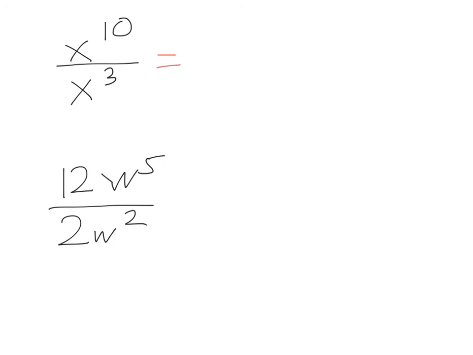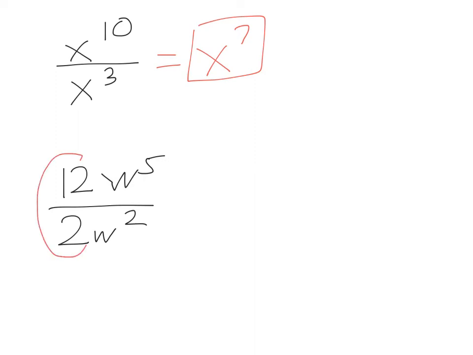X to the 10th over x to the 3rd. What did you get? See? Told you I was talking to the computer. X to the 10th over x to the 3rd is x to the 7th. How about 12w to the 5th over 2w squared? I think I caught some of you, because remember, numbers are numbers.